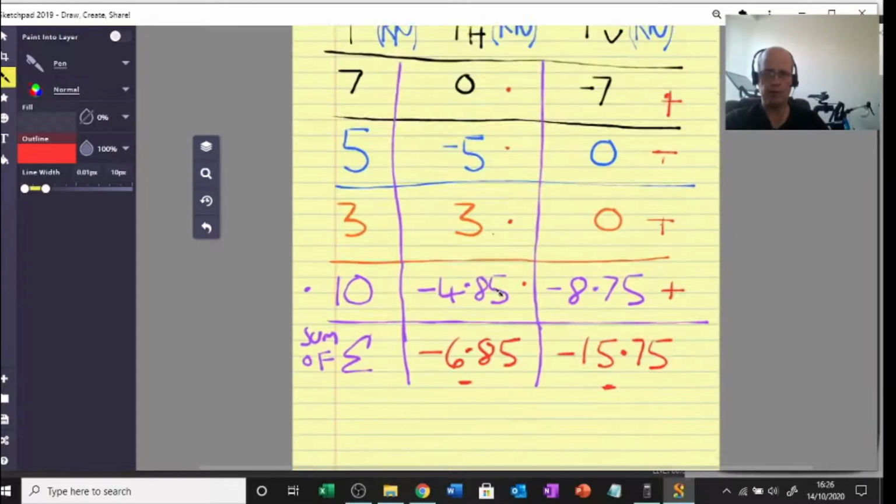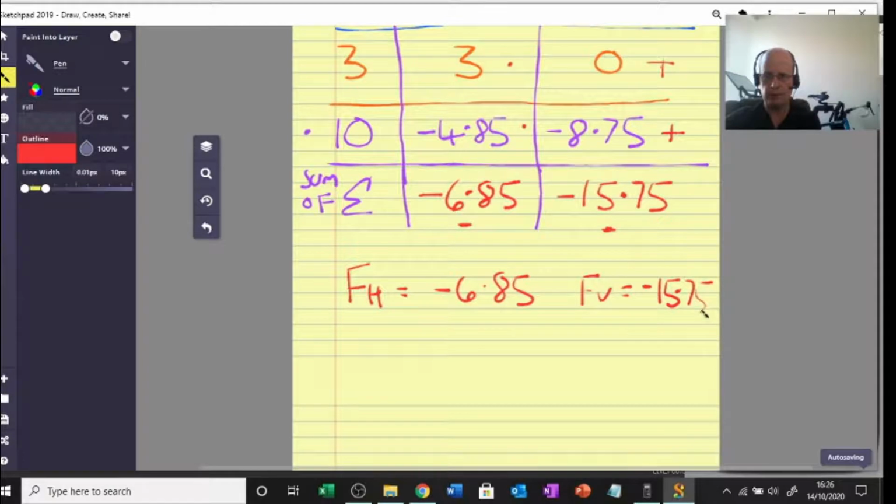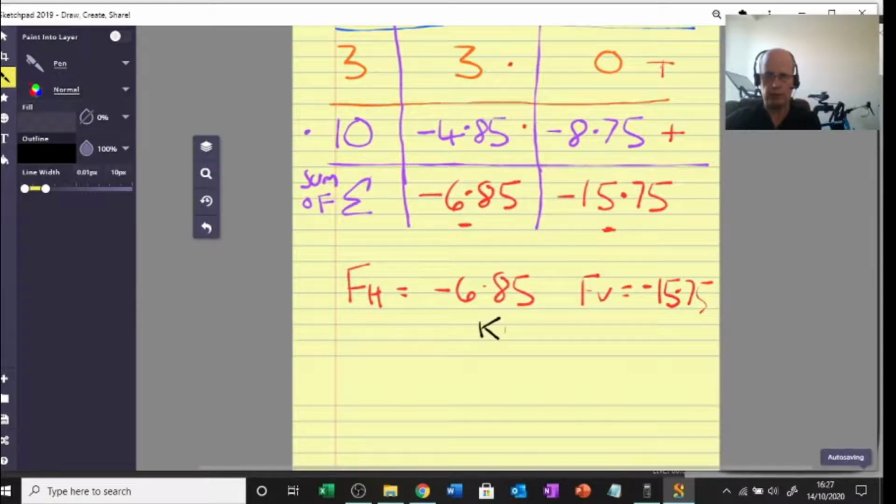So now all that means is this: FH is minus 6.85, and the total vertical force is minus 15.75. Don't forget, these are all kilonewtons. They're all kilonewtons.